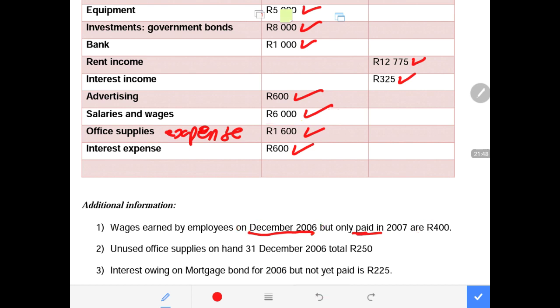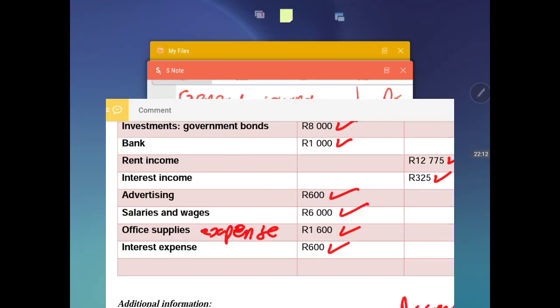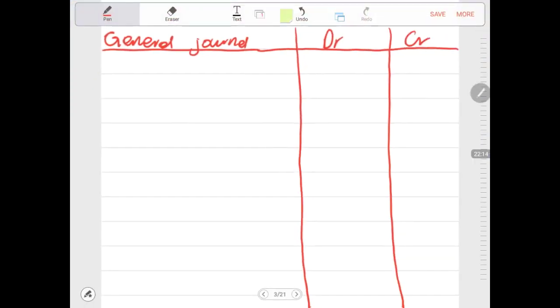So whenever an expense is not paid in the period it was supposed to be paid, we call that expense an accrued expense. An accrued expense, we know that it is a liability. So the accrued expense is a liability, meaning the 400 of the wages is a liability at the end of the current year.